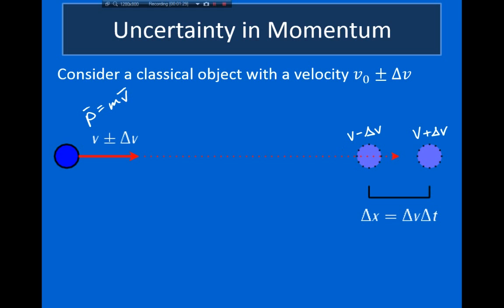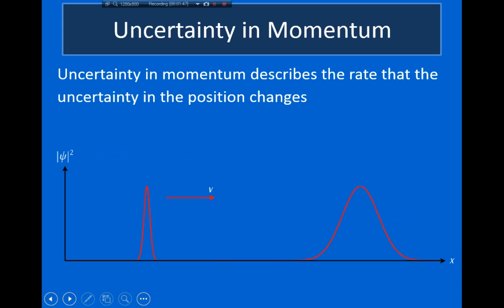So what we see is that the uncertainty in the momentum manifests itself as a growing uncertainty in the position of the particle. So the uncertainty in the momentum describes how quickly my uncertainty in the position will increase. And that's exactly what the uncertainty in the momentum of a wave function describes. It describes how quickly the uncertainty in the position of the wave function will increase. So in other words, it's describing how quickly this distribution will spread out as it moves along.